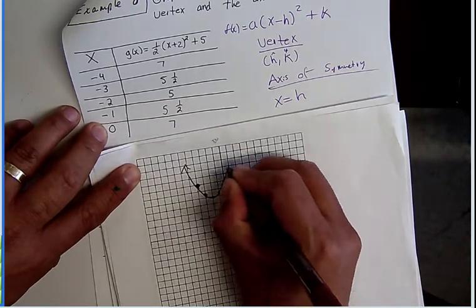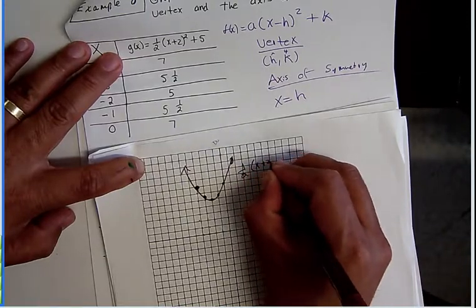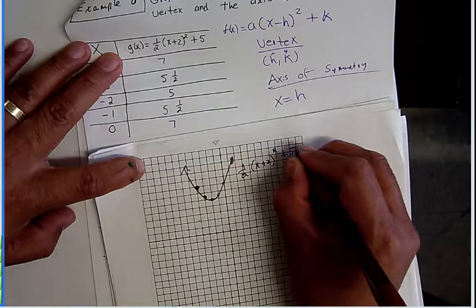So that would be the graph of this one, 1/2 (x plus 2) squared plus 5.